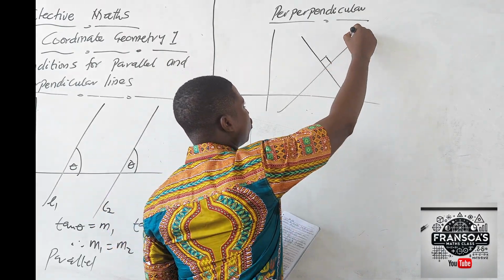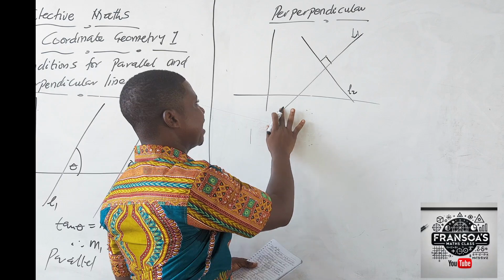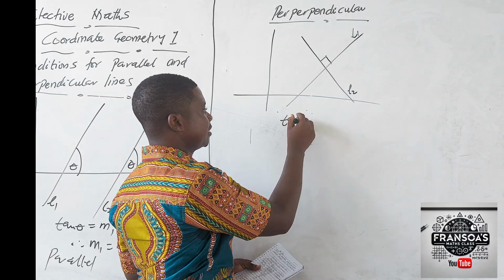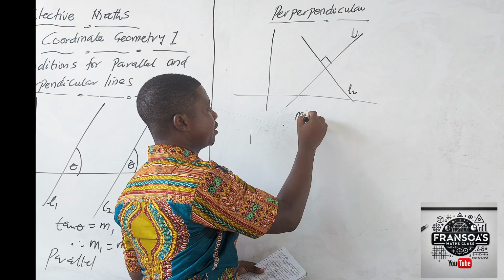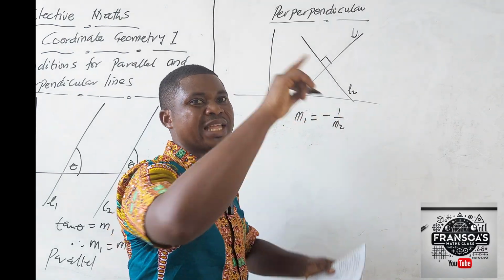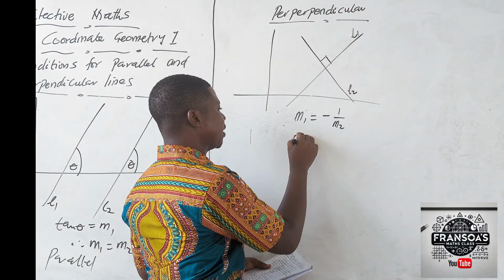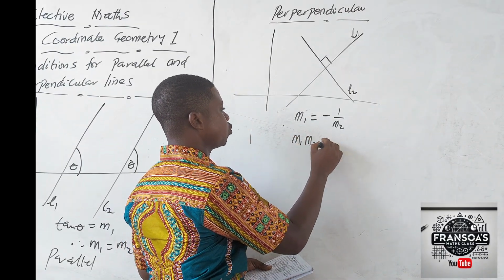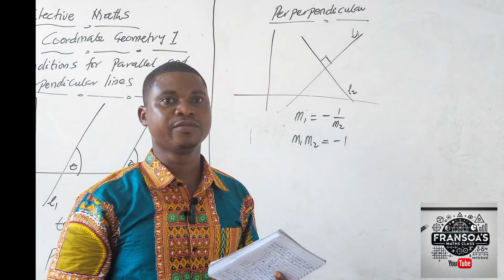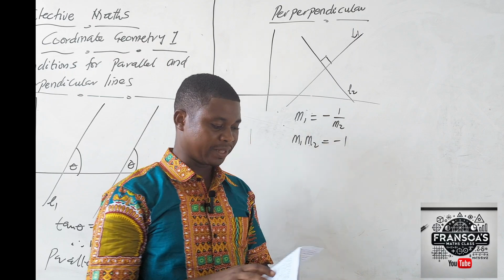If this is your L1 and this is your L2, then M1 is equal to negative 1 over M2, because that gives you the negative reciprocal of the other. So it means that M1 times M2 is equal to negative 1. So when you multiply their gradients, it should give you negative 1. And that is for perpendicular.